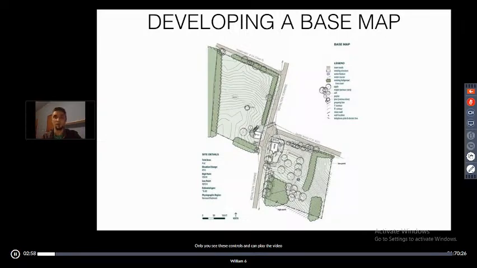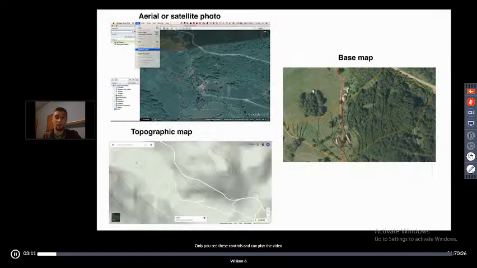That's a foundation that you create your design on, but also that base map has a contour map, and we'll be using that today. Overall, we do a base map by combining the aerial or satellite photo and a topographic map into something that you can see on the right, the base map, and that's what we were aiming for last time, because that can tell us a lot about the terrain and everything else that we have.